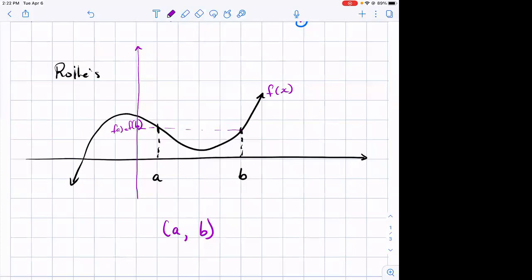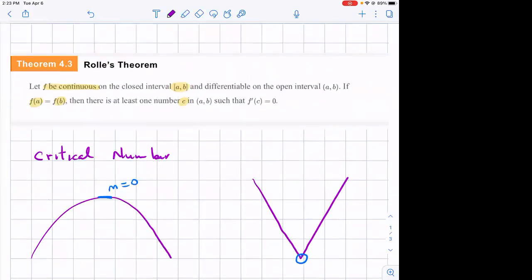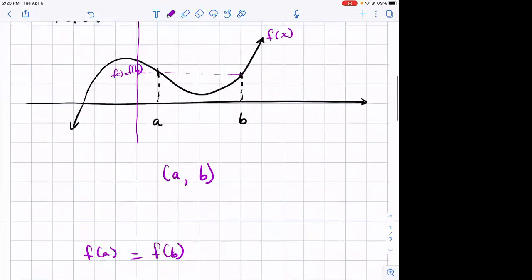Then it's guaranteed that there is at least one c in the open interval where the slope is 0. So obviously from this picture, the slope here is 0, right? It's a horizontal line. So anytime this happens where f of a is equal to f of b, it is guaranteed from Rolle's theorem that there is a slope of 0 in that interval.